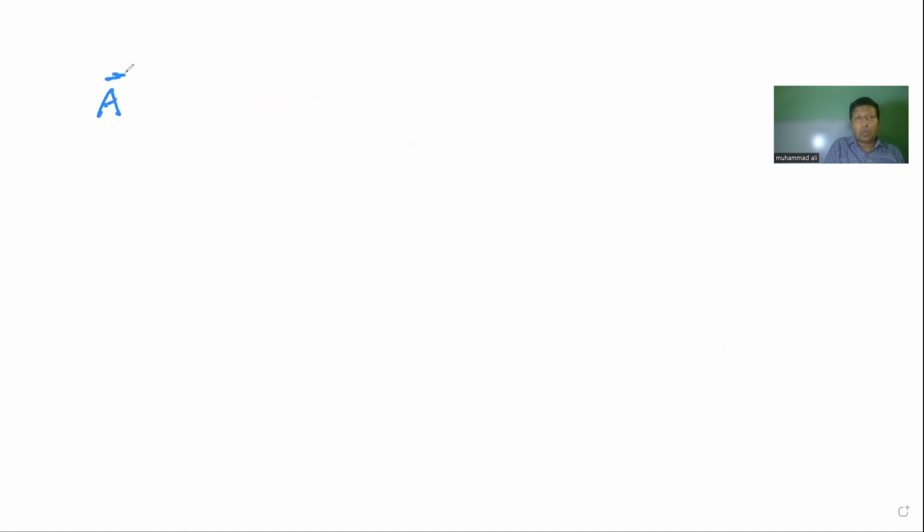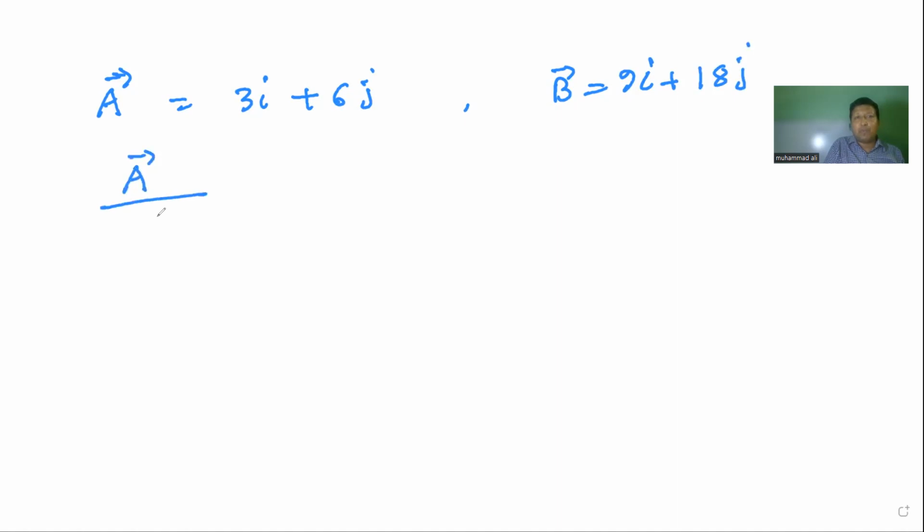Like a vector equals 3i plus 6j and b vector equals 9i plus 18j. We may write both of these vectors in ratio form, a vector over b vector. So the upper side is 3i plus 6j and the lower side is 9i plus 18j.